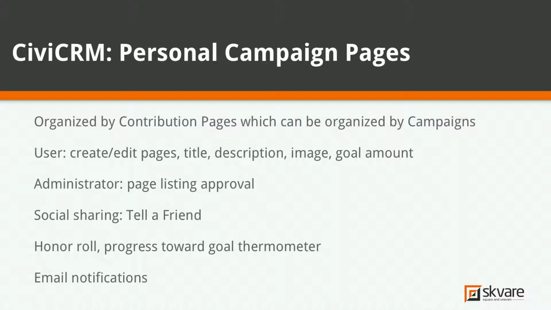They have what they call an honor roll, so kind of the scrolling little list of people that have donated and the amounts and the progress towards a goal with a little thermometer that is so popular, and then email notifications. So if you were to go in today, take Drupal, put in CiviCRM and enable these personal campaign pages, you would get that functionality straight out of the box, which is a very powerful functionality as it is.